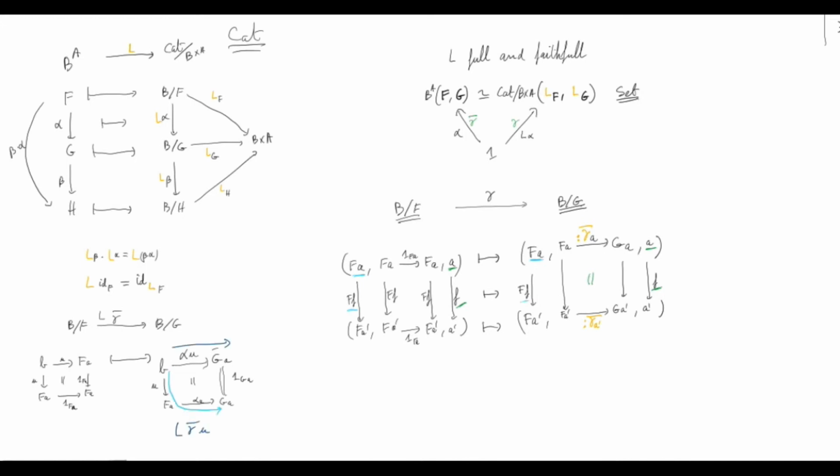So it means we have the equality of those two morphisms, L gamma bar U and gamma U. So that means our functor L is full, that is, for each morphism in the cat over B cross A from LF to LG, we pick up one such morphism, and it's the image of a morphism gamma bar from B A F G.